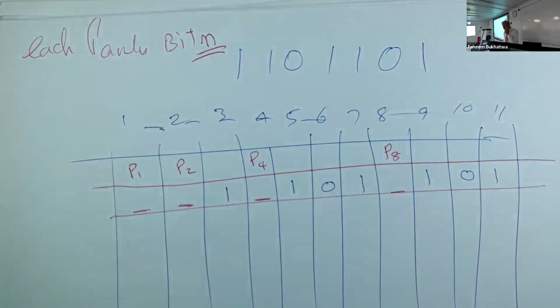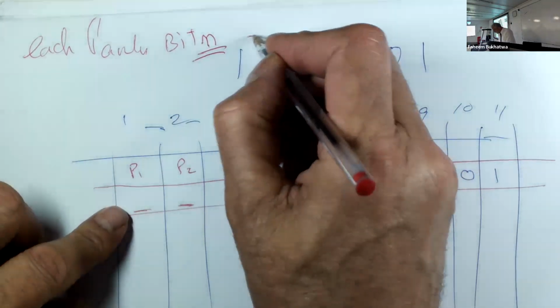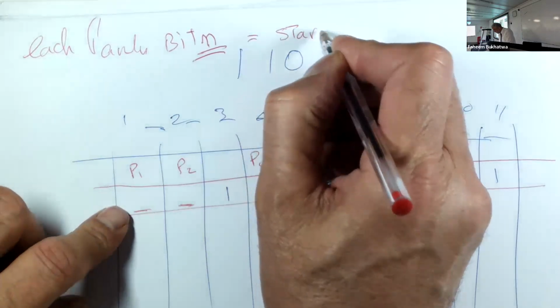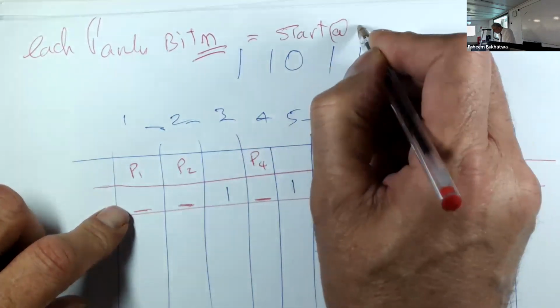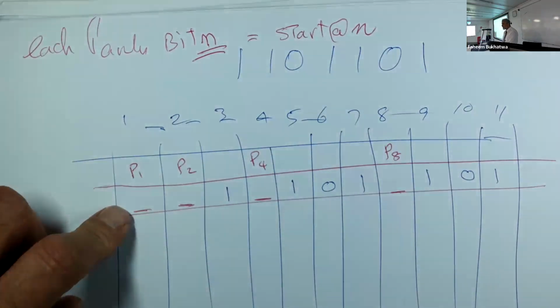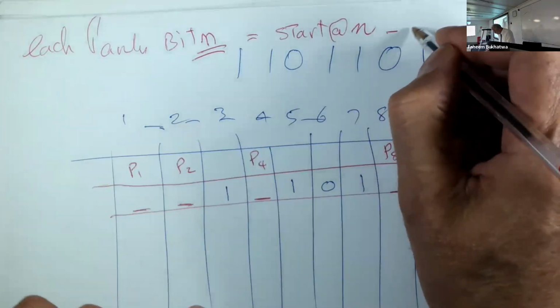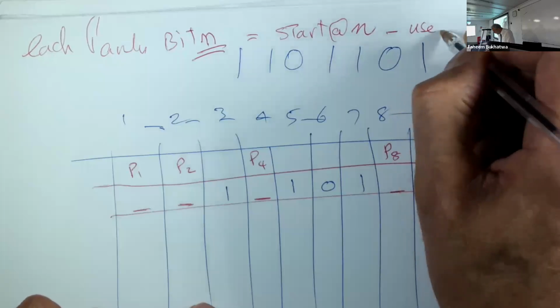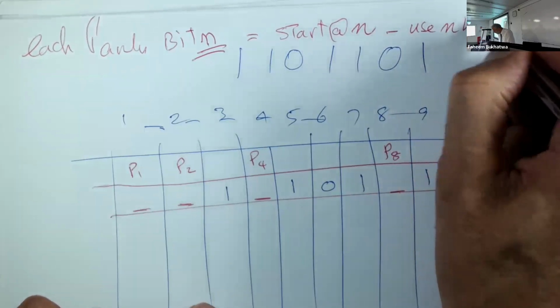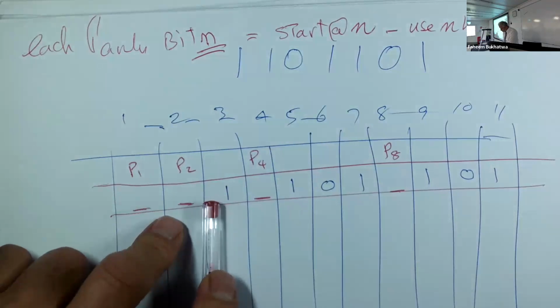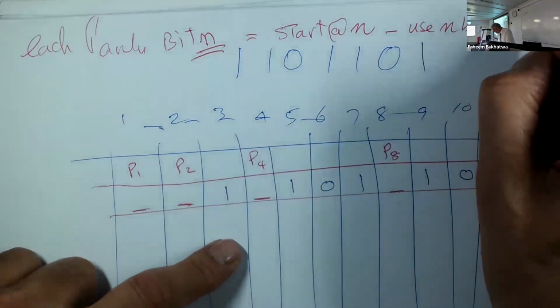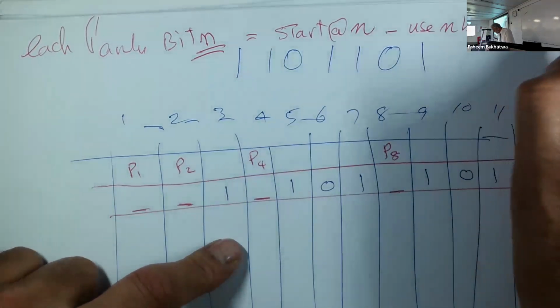What other bits go with it? Start at n, take n bits, and skip n bits.